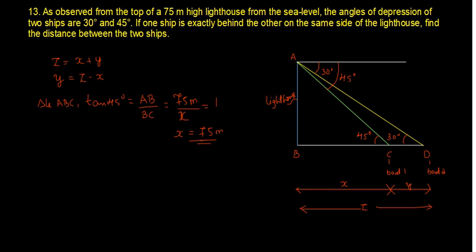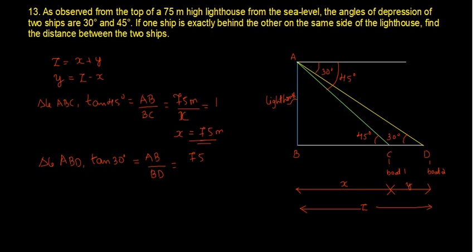Now we need to find z. So we will take triangle ABD, tan 30 in this case will be equal to AB divided by BD. AB is 75, we already know.